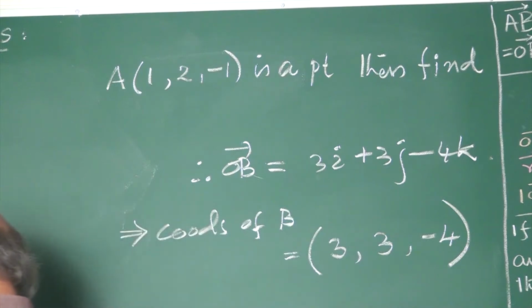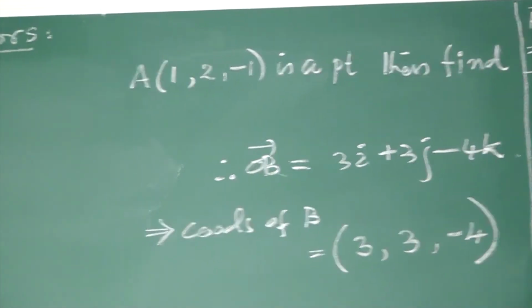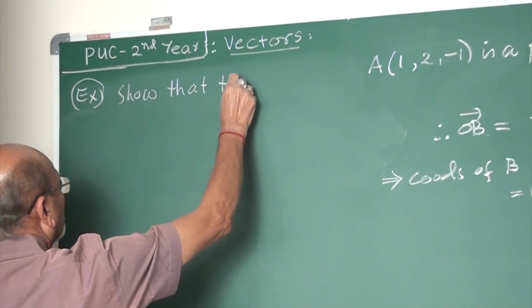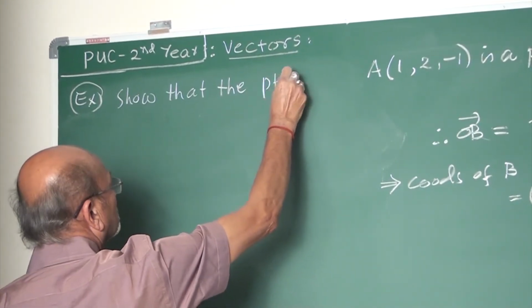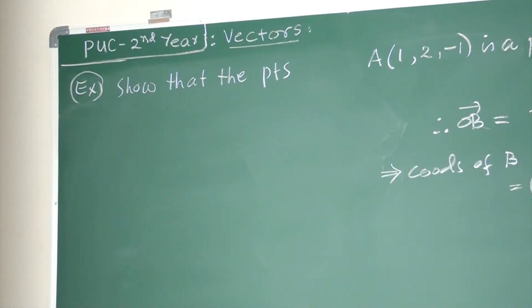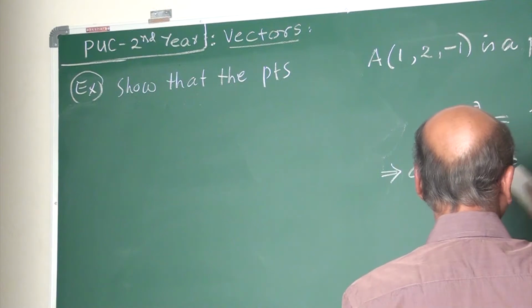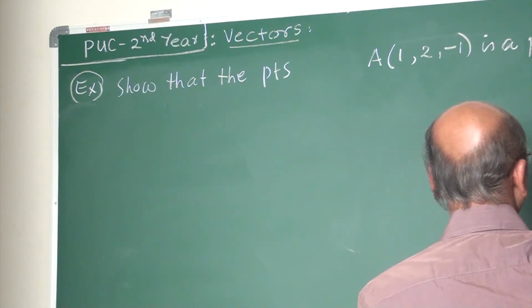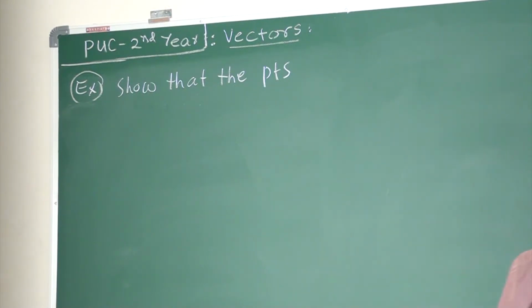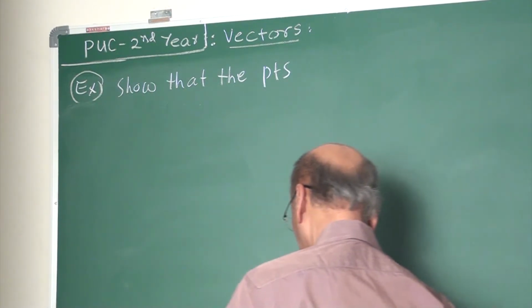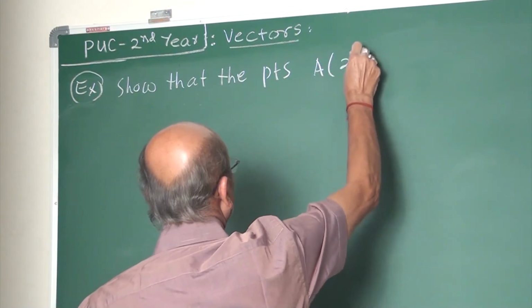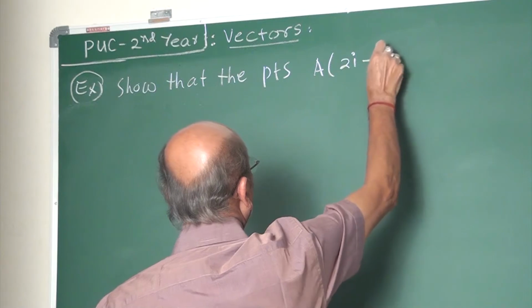Yes. So the next question is: the points A, its position vector is 2i minus j plus k.